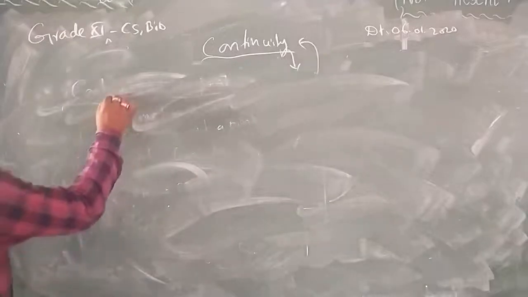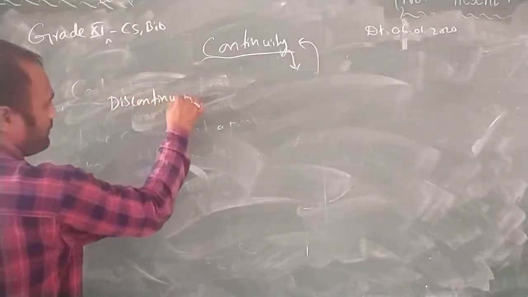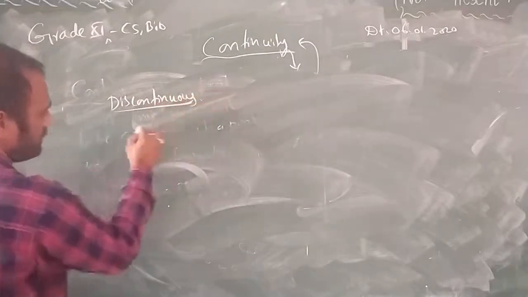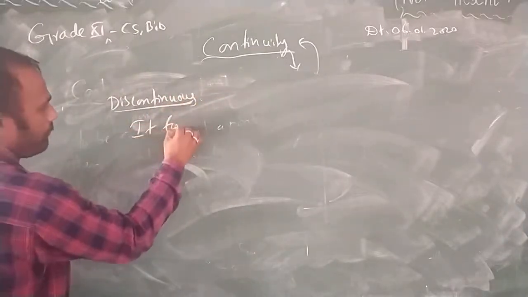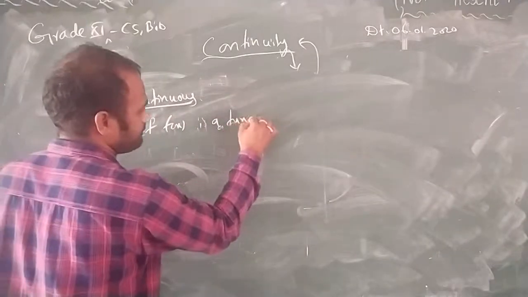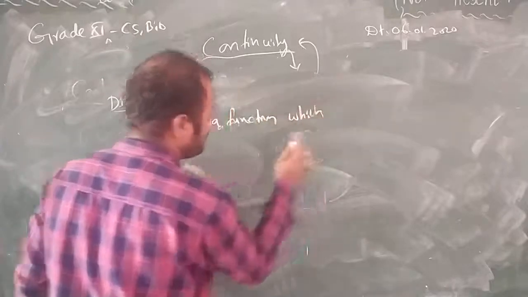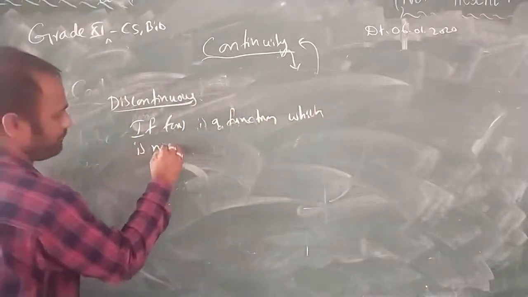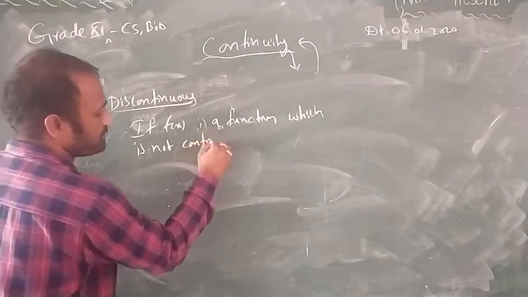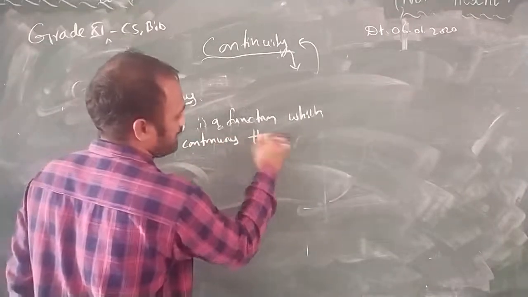Next, the opposite of this is discontinuous. Suppose f of x is a function which is not continuous, then it will be discontinuous.